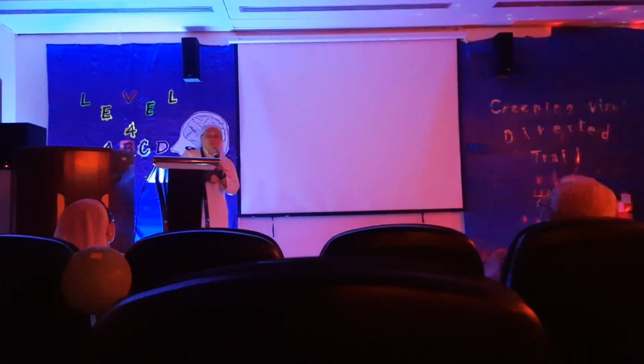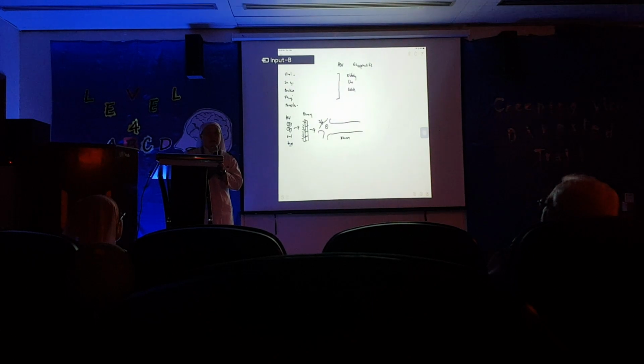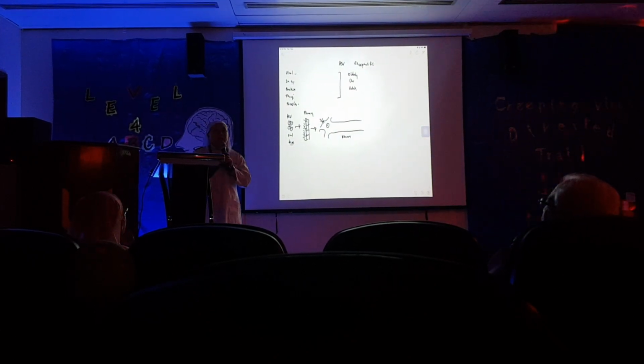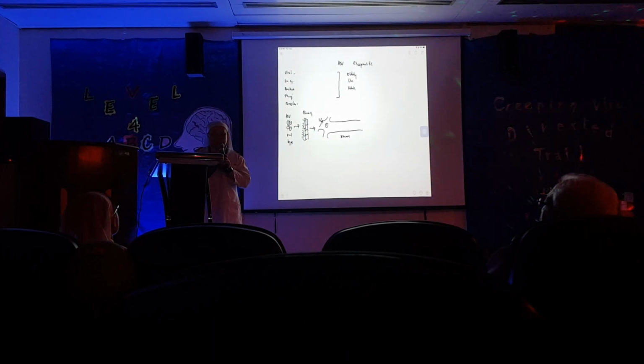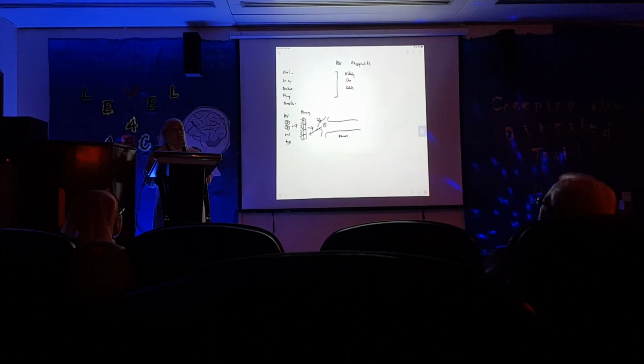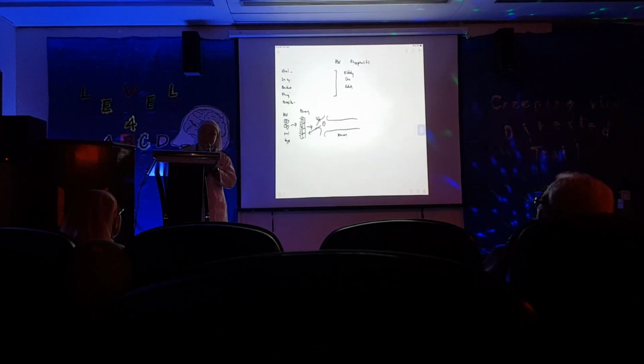So technically, the HSV is still hiding out in the sensory ganglia. Then at some point, in some neuron, the virus reactivates and starts replication, and it infects the epithelial cell again via the anterograde fashion, and lesions form again. That is what we call recurrent or reactivated infection.